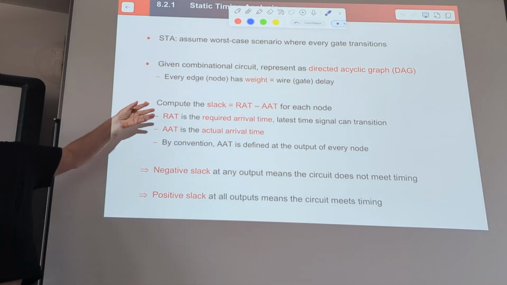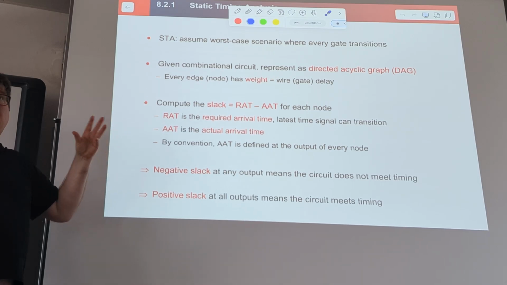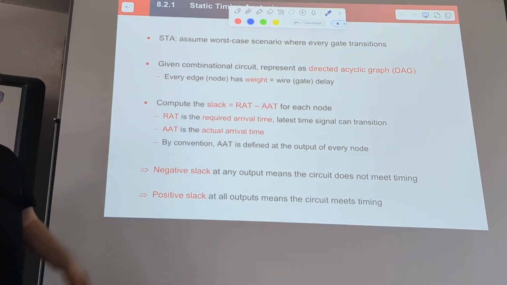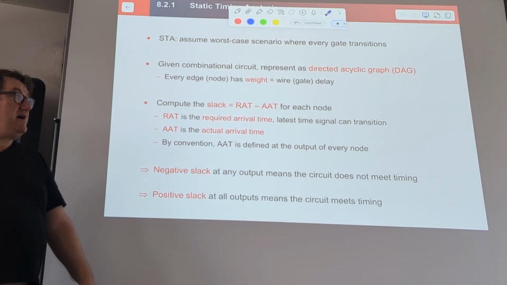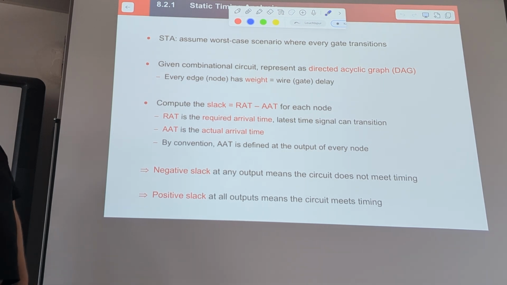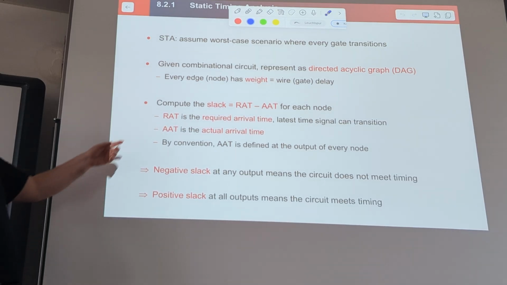The idea, and here this is connecting it to algorithms and software, is how do you represent the circuit in EDA software so that you can do this analysis. The idea is to represent it as a graph, and each weight is a wire or gate delay, so it's a weighted graph.